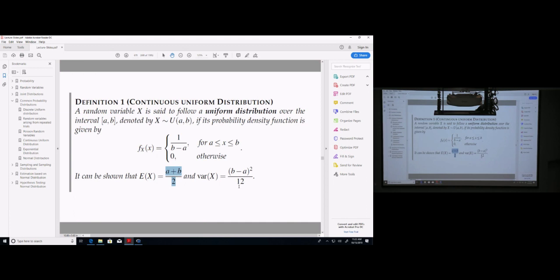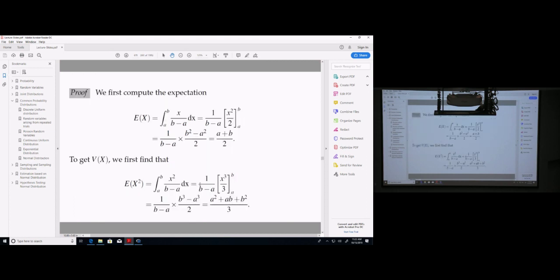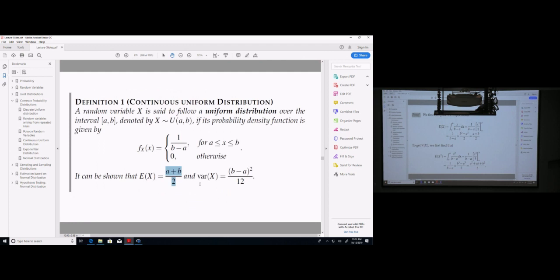The frequent one that you usually use is A is 0 and B is equal to 1. That is our familiar uniform distribution. Okay, so I'll leave the calculations to you. This is how it is done, but another way to redo it is this way.